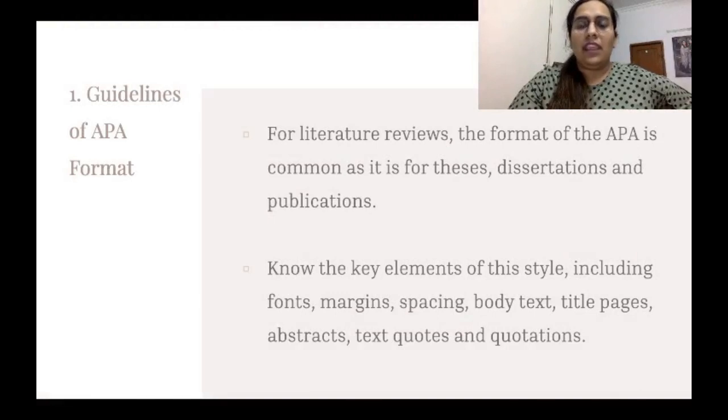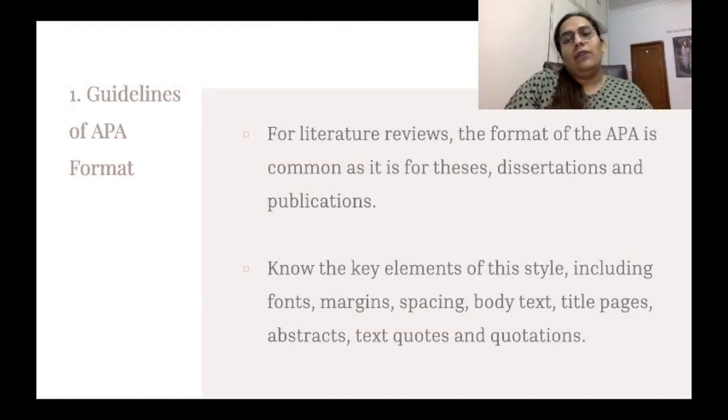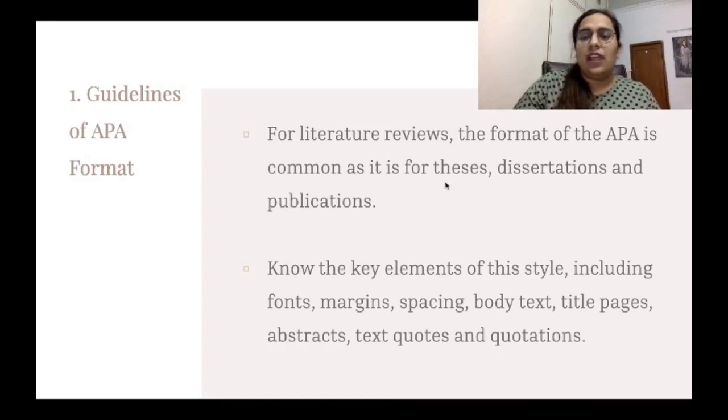So I was saying about proper formatting. Proper formatting will help you with the styling, how to include your format, how to have the margins and spacing, and the body text, how you are writing the body text.